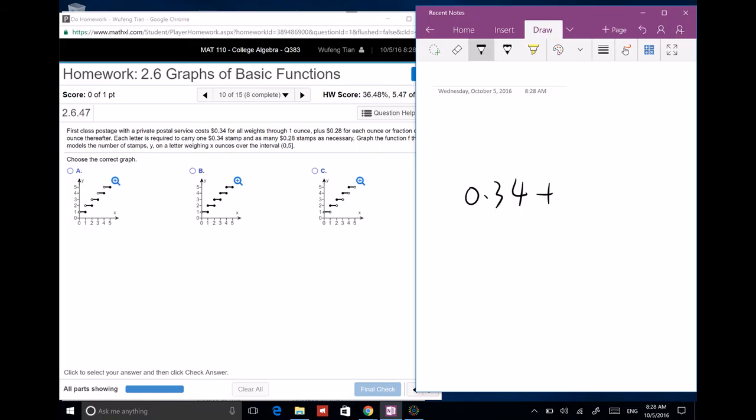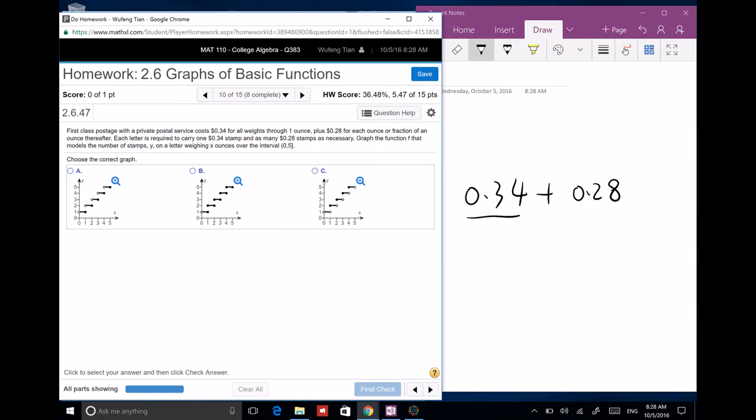Through 1 ounce is 0.34, and always through 1 ounce plus 0.28 for each ounce, so it's 0.28. Okay, even at 0, I think it's that. And then after you get to 1, I don't know why it's 1 here.